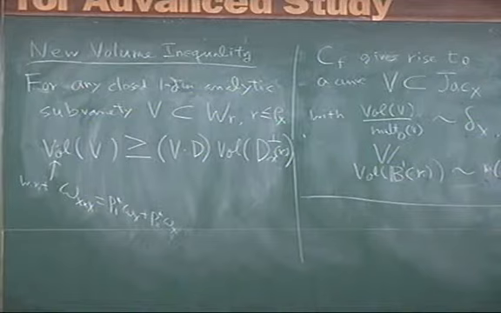So we realized that this is the inequality we have to prove, and we try to prove it by generalizing the proof of Federer's. So let's look at the proof of Federer's inequality.